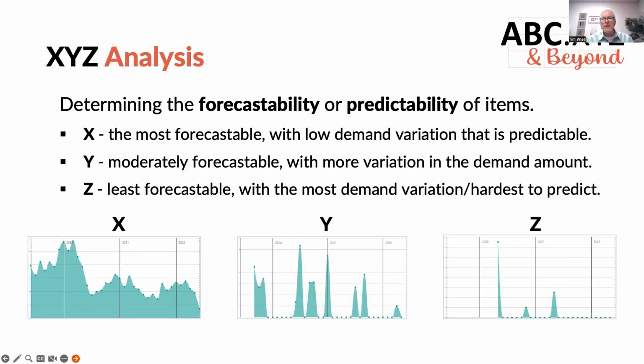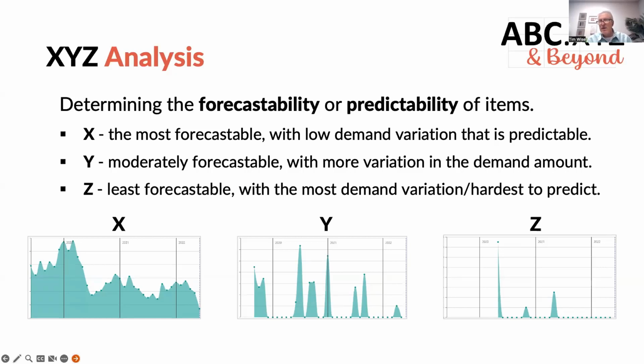So the XYZ is really talking about the forecastability or predictability of items, right? You can see the various models down below. X, not as much variation, right? You can see that over time, this thing had some peaks, has come down and kind of leveled out. Y, you're going to see a lot more variability, right?